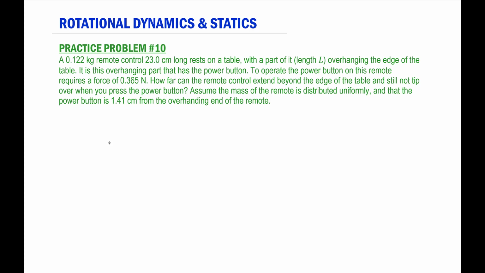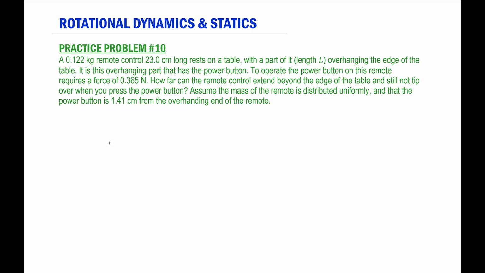So step number 2, we want to analyze the torque. When we press the button at that maximum overhang L, we want the torque to be in equilibrium. This means that the net torque must be equal to 0. And that means we need to figure out what kind of forces are acting where.